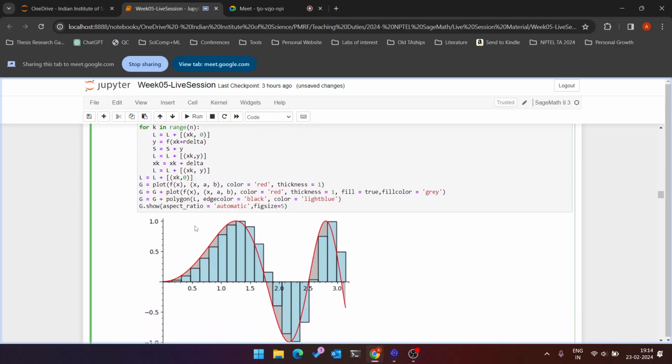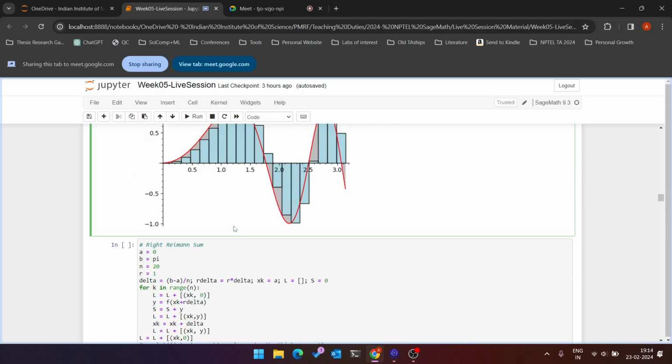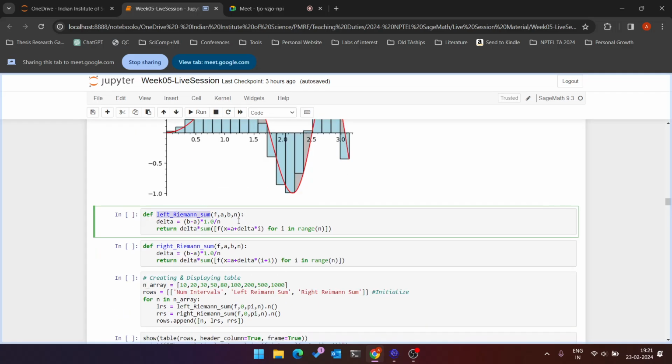So basically we are plotting f of x, then in the plot we are adding different bins, and you can see that in the left Riemann sum, whatever value y of x gets, that becomes the height of our bin. We could define functions for left and right Riemann sums, which take a function as an input, the left and right limits for the definite integral, and the number of bins we wish to use.